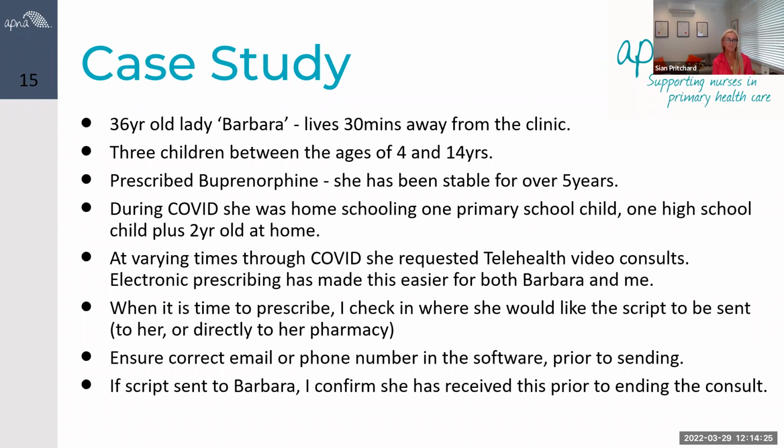I've been prescribing Barbara buprenorphine for probably 2.5 years now, maybe 3 years, and she's been very stable for over 5 years, and she was taking this before she came into my care. During COVID, she was homeschooling 1 primary school child, 1 high school child, plus, of course, her 4-year-old, with a 2-year-old at home. So a very busy mum.